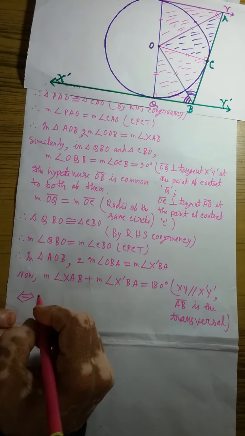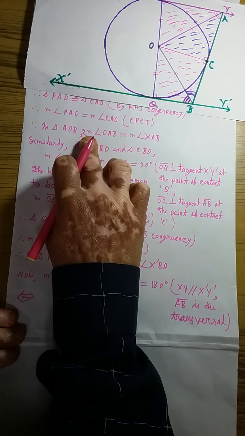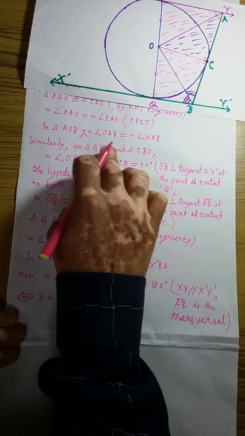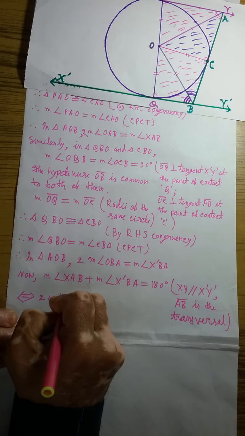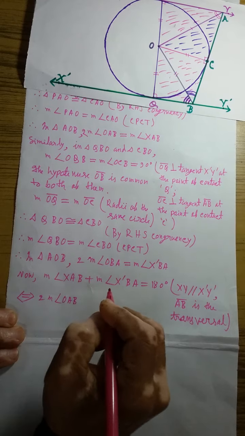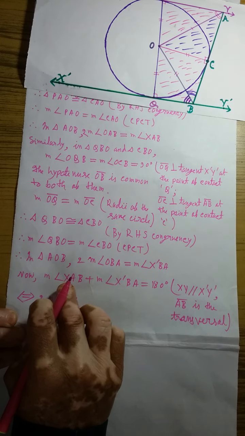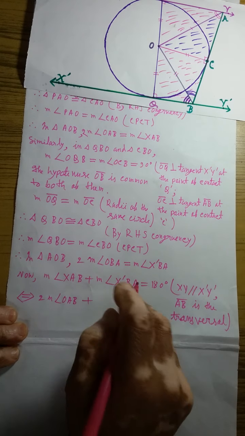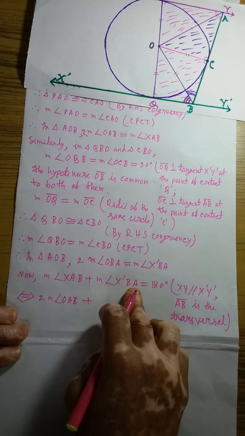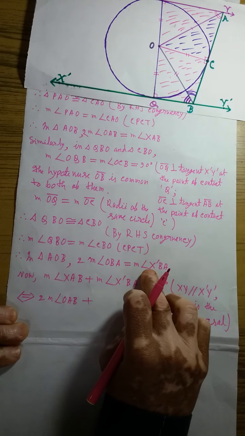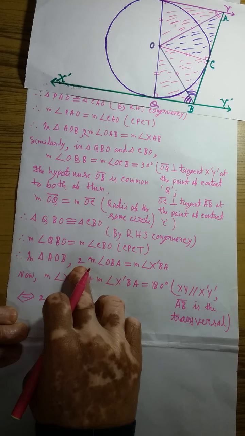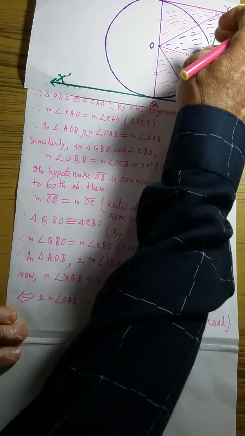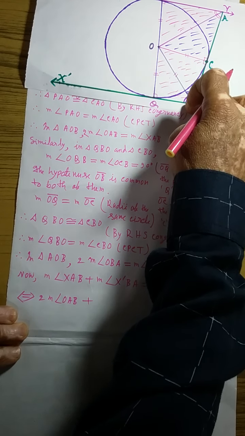So we will now put twice the measure of the angle OAB in place of the measure of the angle XAB, plus the measure of the angle XDA, which is equal to twice the measure of the angle OBA.